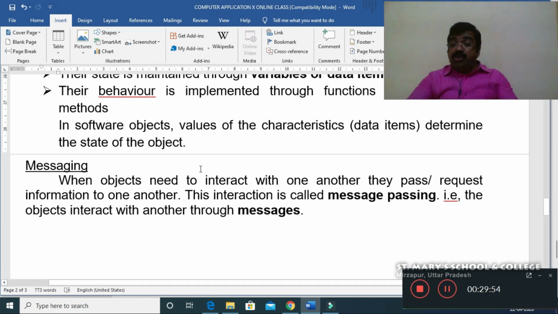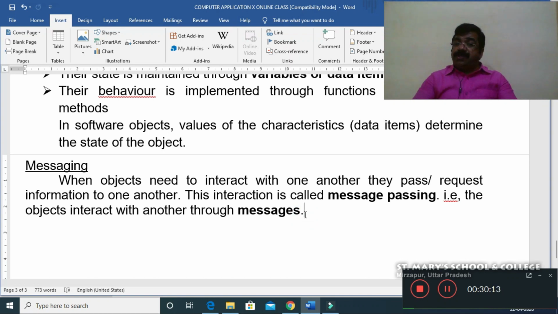Objects need to interact with one another. They pass or request information through message passing, or simply by using messages. The objects in the class interact with each other using messages.